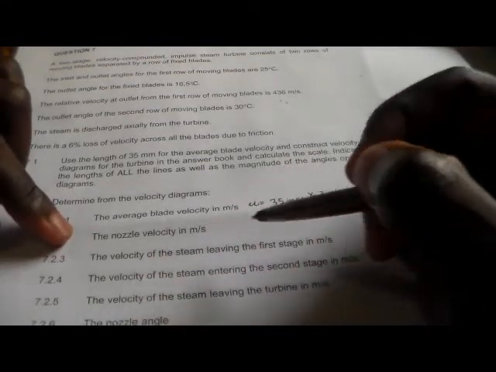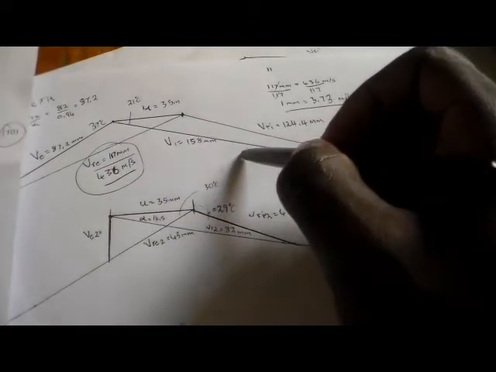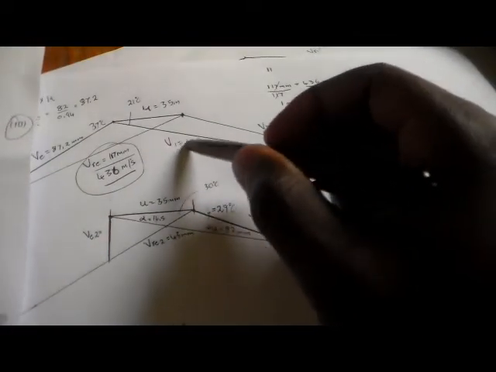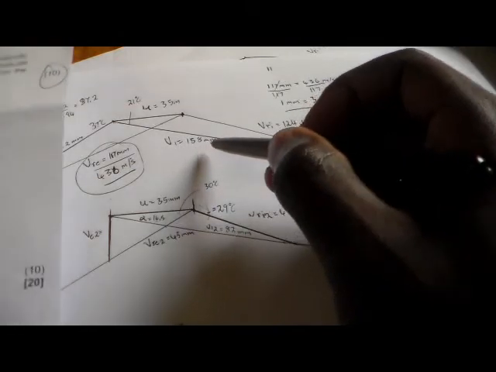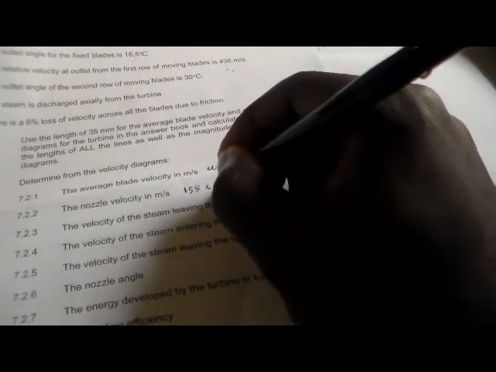For the nozzle velocity, we know that this is the nozzle velocity, which is 158 millimeters. So we multiply 158 millimeters by our scale, 3.73, and we get our nozzle velocity.